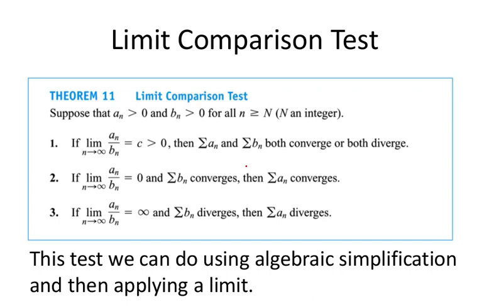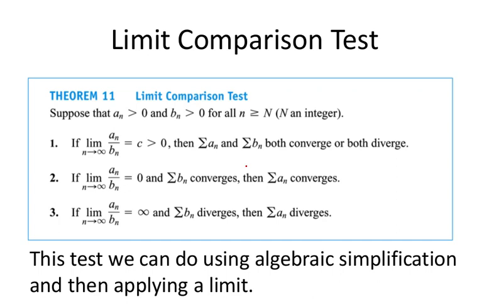You can take this ratio, and if the limit approaches a constant and it's greater than 0, we know that the sum of a of n and the sum of b of n would either both converge or diverge, because they would both have the same end behavior in order to divide to a constant.